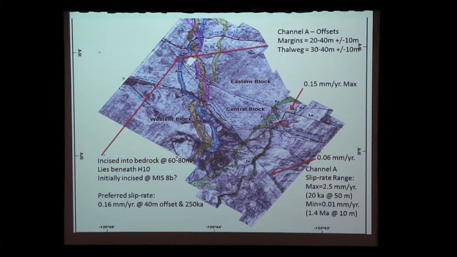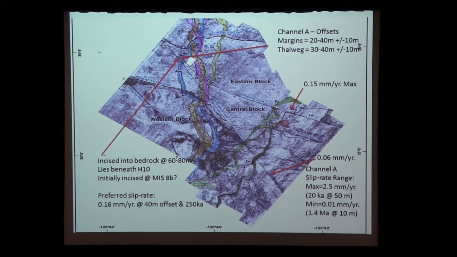Okay, so let's see, where was I here? Okay, so our preferred at this point is 0.16 millimeters per year. Down here on the shoreline offset piercing points, we had 0.06 millimeters per year. Here, if we had a maximum, which I don't believe, of 0.15 millimeters per year.